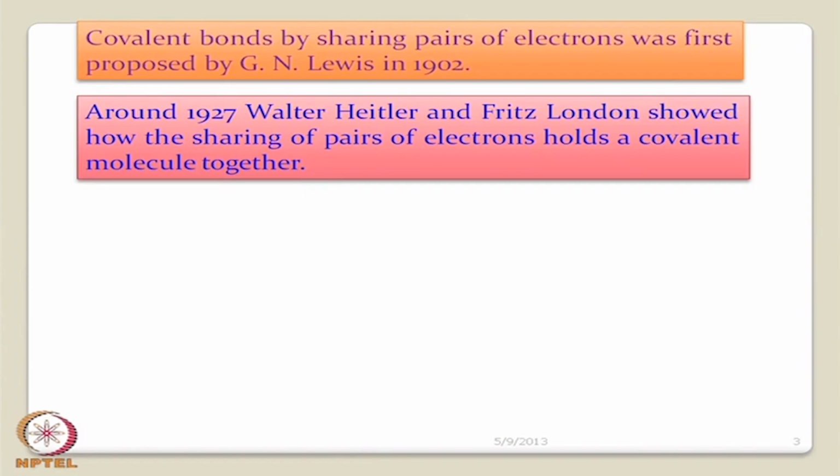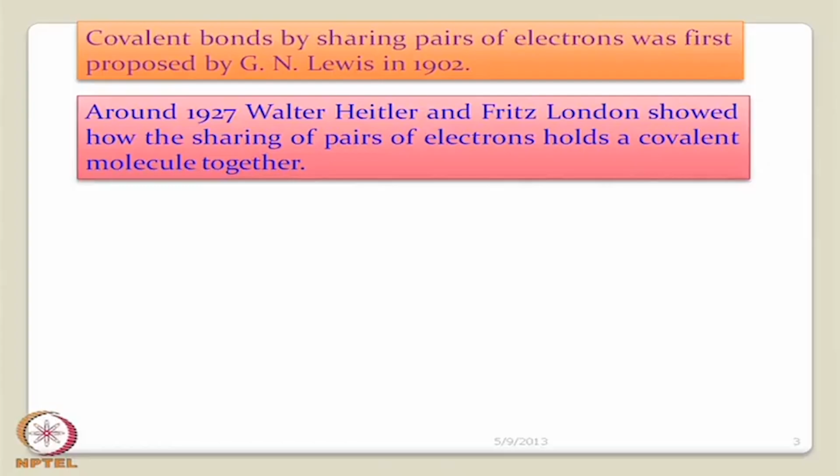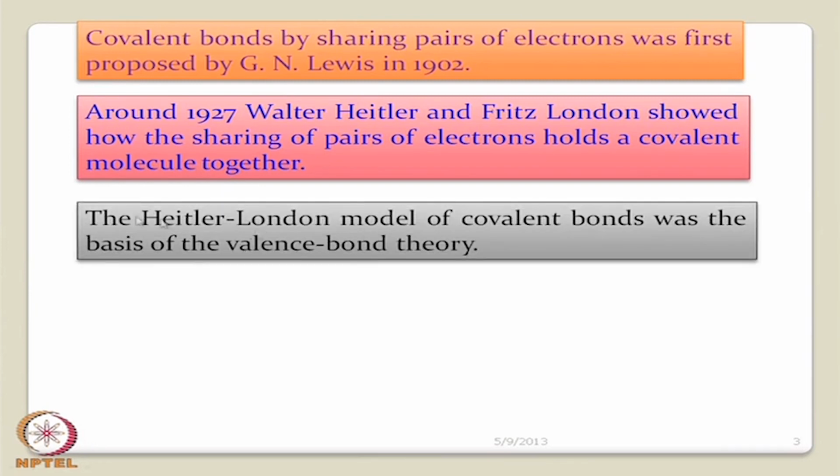Similarly, the formation of the methane molecule as well as the formation of the ML4 species, where we see that one particular M-L bond is forming through the sharing of electrons. This model, which is known as the Heitler-London model of covalent bonds, was the formal basis of the valence bond theory in metal complexes.